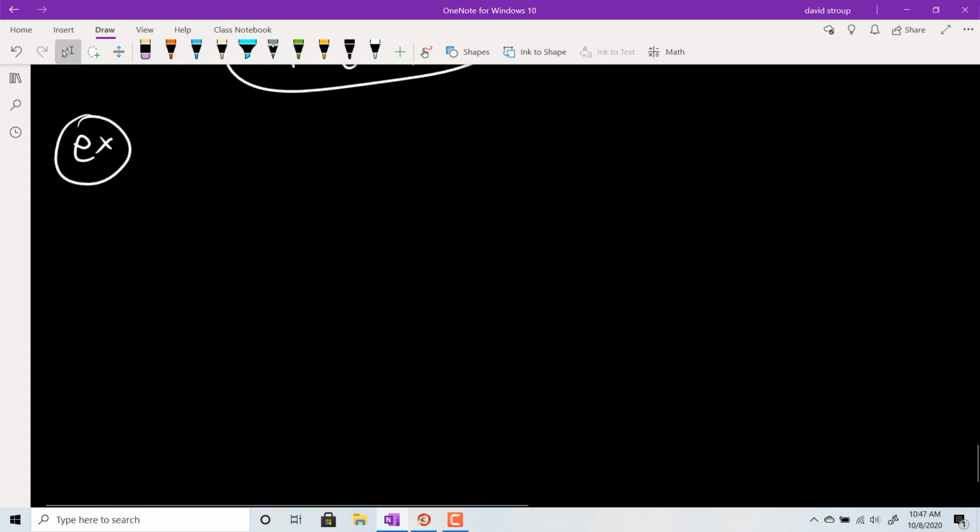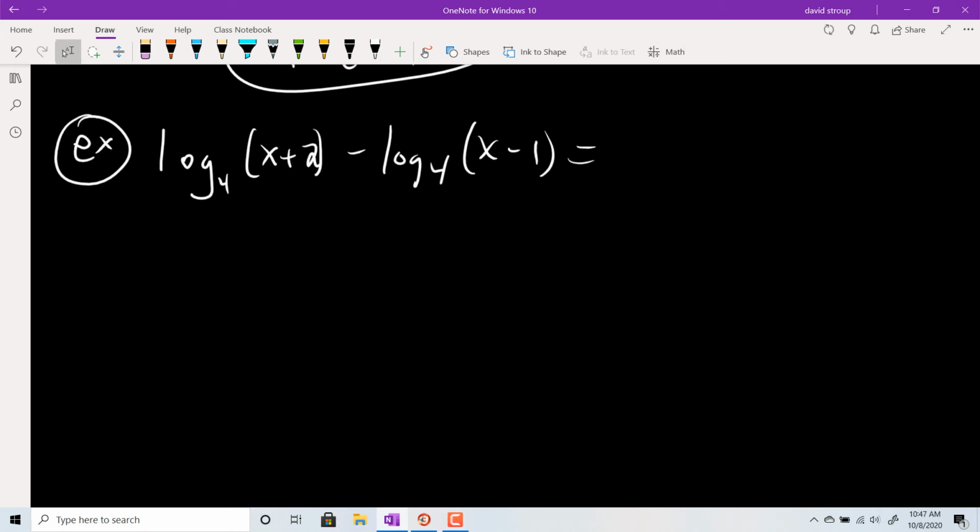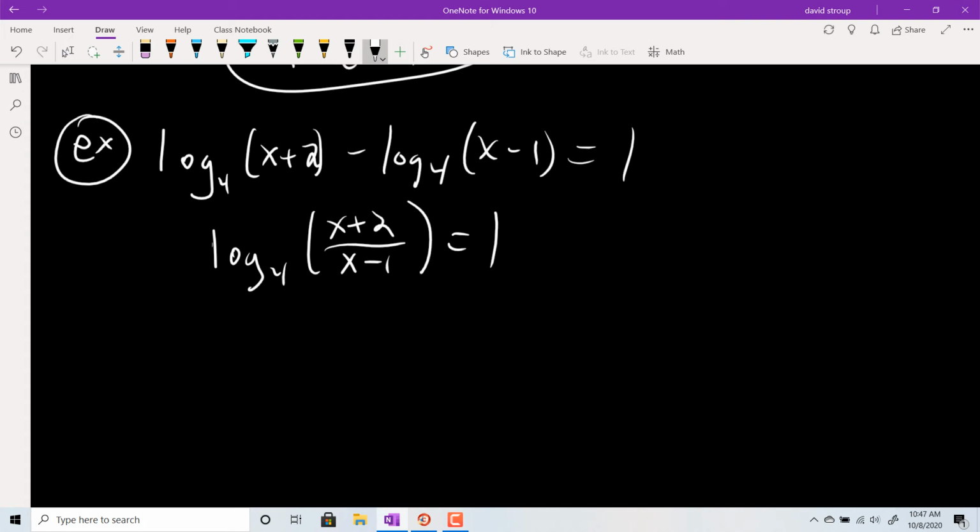So for example, log base 4 of x plus 2 minus log base 4 of x minus 1 equals 1. So first I rewrite it as a single log, base 4 of x plus 2 over x minus 1, using the quotient rule. And now I can apply the definition.